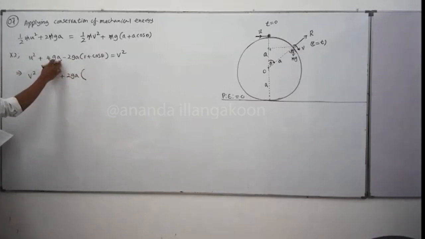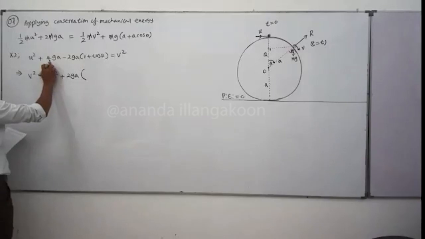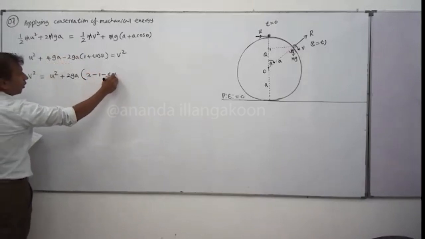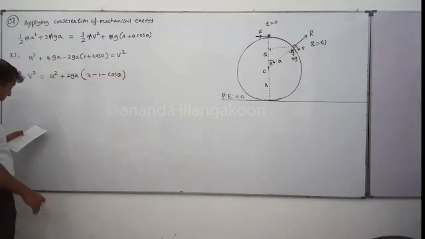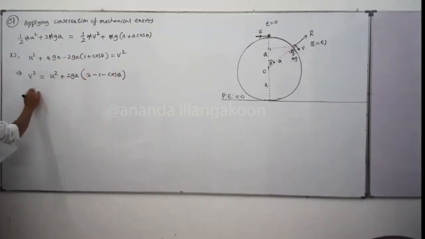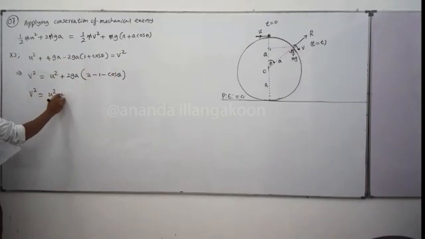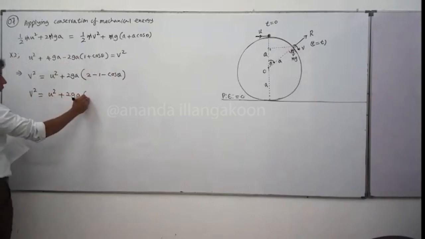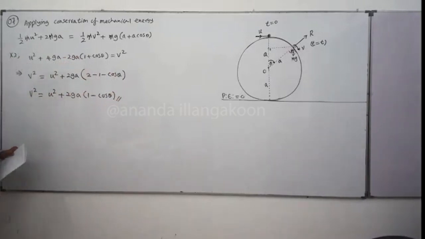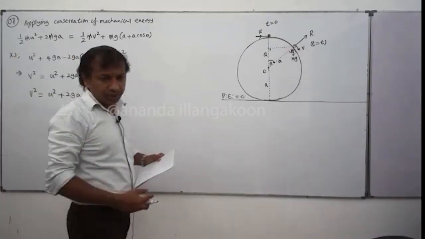When we take 2ga out, here we have 2. This we took out of minus 1 minus cos theta. Then 2 minus 1 is 1. Then v squared is equal to u squared plus 2ga times 1 minus cos theta. First answer coming like that.